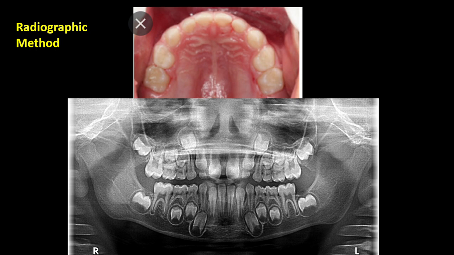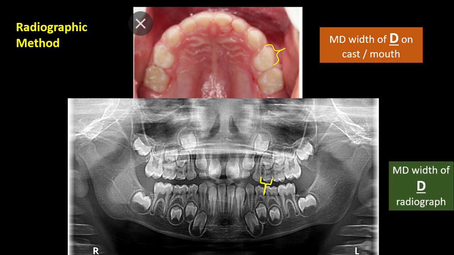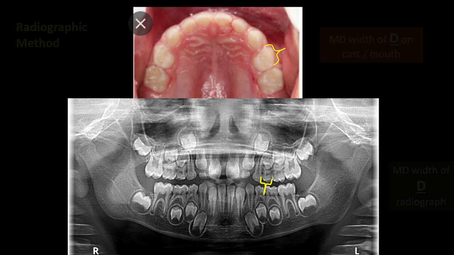Dear student, we have another method which is the radiographic method. In this radiographic method, the steps are as follows. We will measure the mesiodistal width of the D on the cast or in the mouth, and the mesiodistal width of the D on the X-ray. This radiograph could be a periapical radiograph or it could be an OPG radiograph.